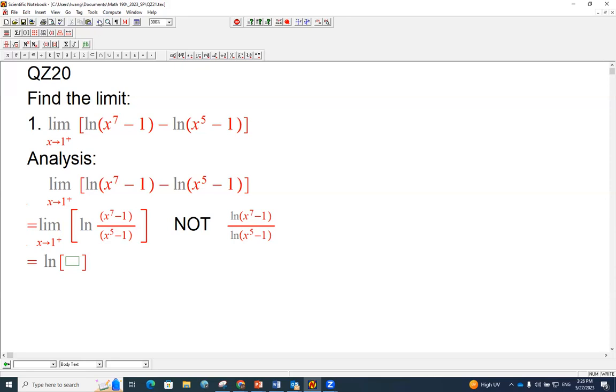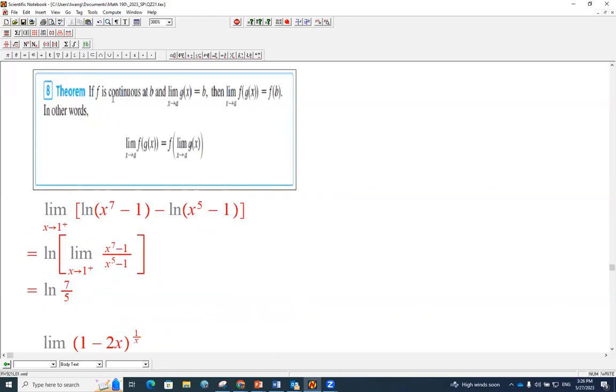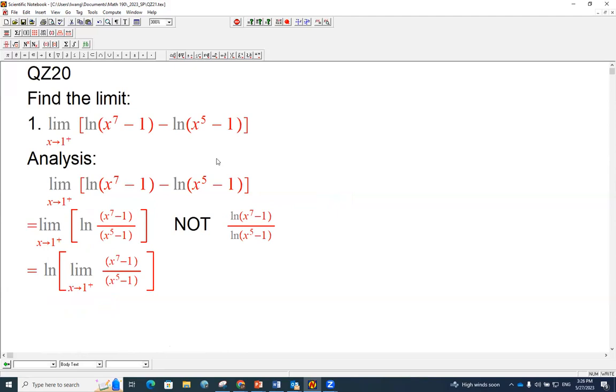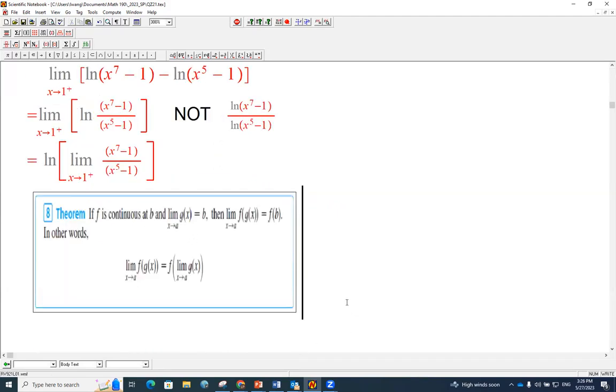Well, the answer is yes, but it's conditional. There is a condition for us to do that. I'm going to bring up the theorem which we talked about in class: the inside limit has to exist.